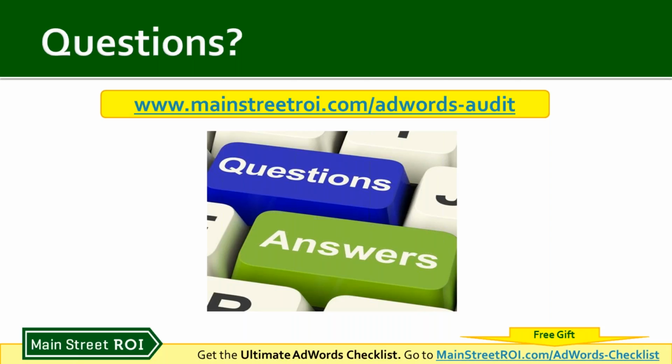That keyword, you definitely want to keep it. But if you have the back-end tracking to say whether that's actually leading to sales or not, that's the critical metric. Then you can go back to your account and start making tweaks to say, this keyword drives phone calls or quote requests but doesn't actually lead to sales, so I want to turn that off and focus my budget on these other keywords that might not drive as much volume in terms of quote requests or phone calls, but they actually lead to sales.